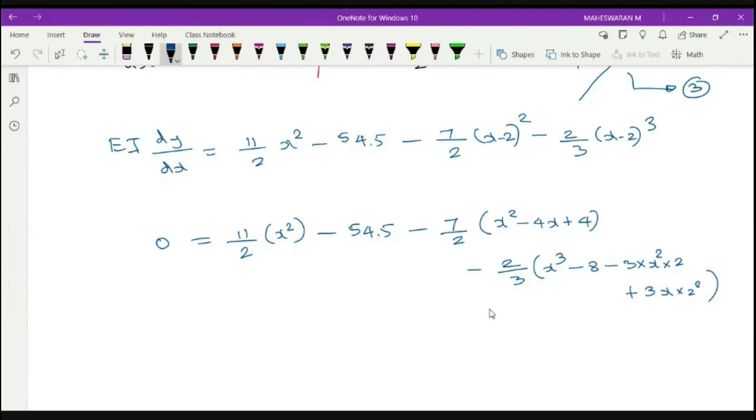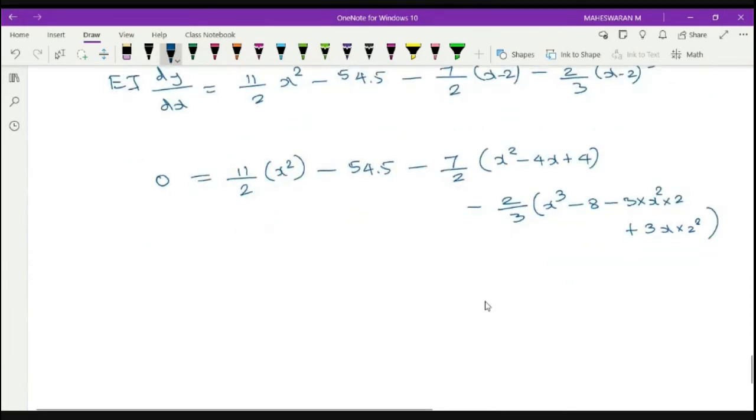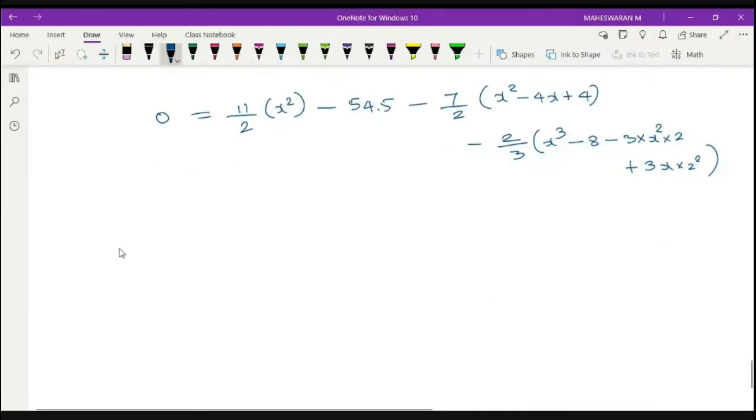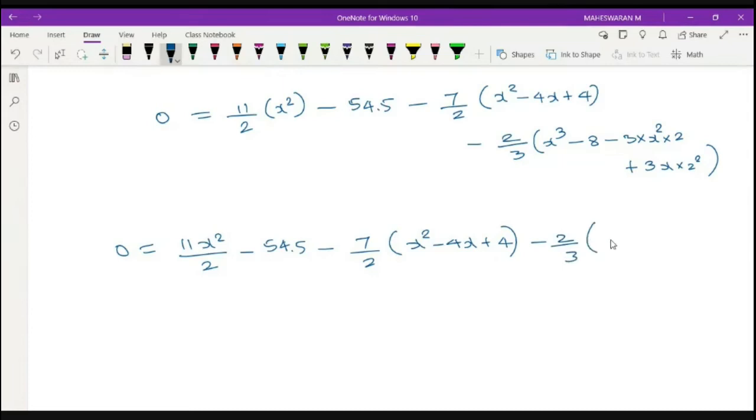Any doubt on this, the a minus b the whole cube formula? So I will get 0 is equal to 11 x square by 2 minus 54.5 minus 7 by 2 x square minus 4x plus 4 minus 2 by 3 x cube minus 8 minus 6x square plus 12x.